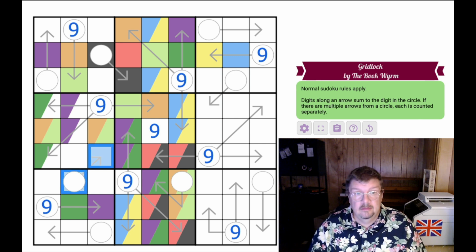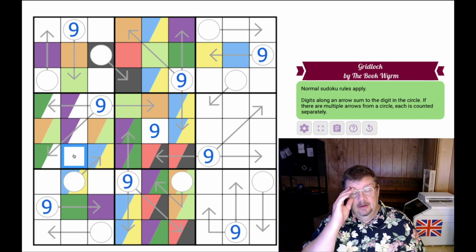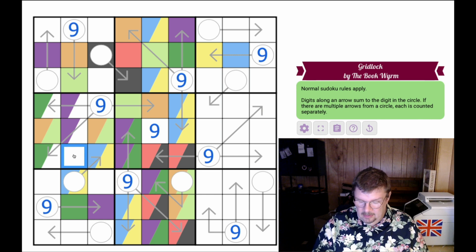Don't know which order, or which of those two digits it is. If that is part of a 9-sum, then its counterpart can't go on one of these arrows, so this must be its counterpart.